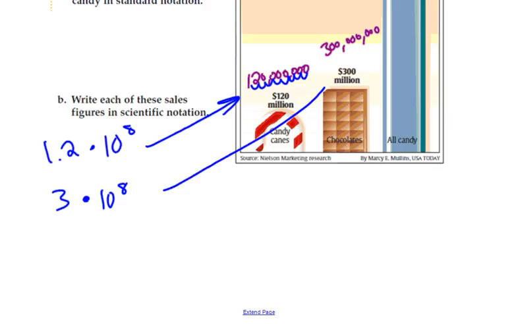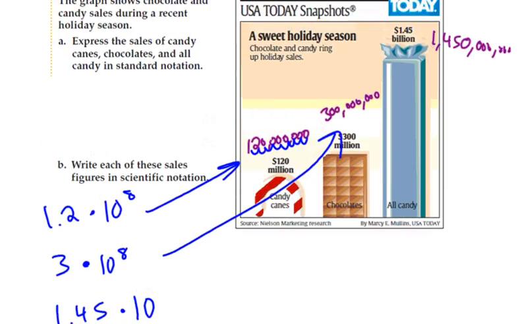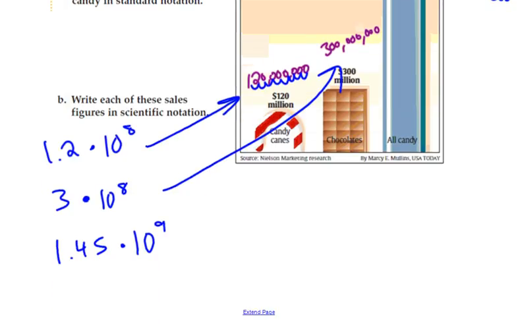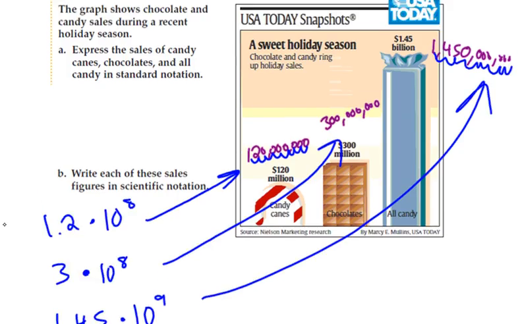And then the last one, we had 1.45 billion, so it's going to be times 10 to the, I'm going to have to count, 1, 2, 3, 4, 5, 6, 7, 8, 9. So 1.45 times 10 to the ninth. And those are some real-life examples of writing numbers in different ways and putting them into scientific notation or backwards.